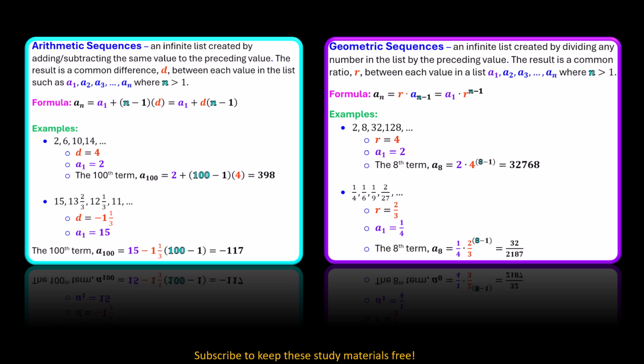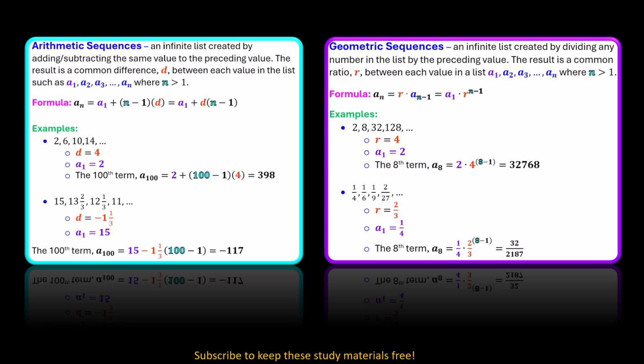Notice they both are going to utilize your A1, which is your initial term, your first term. Then the N for the nth term, the term you're looking for, is used in both, but very differently. Then look at D and R.